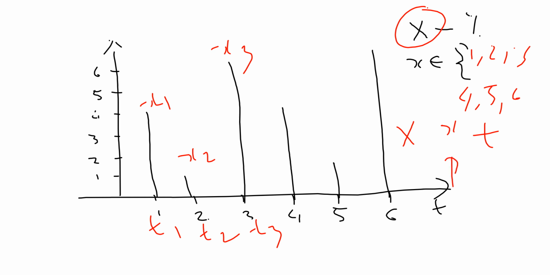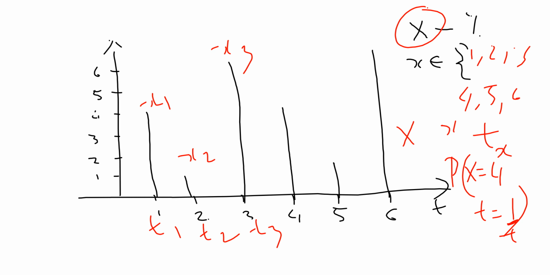I can say the probability of x being equal to 4 when t equal to 1. This probability function depends on 4, a small x, and 1, a small t. So this is a function of x comma t. Such random variables which depend on x as well as t are called a random process.